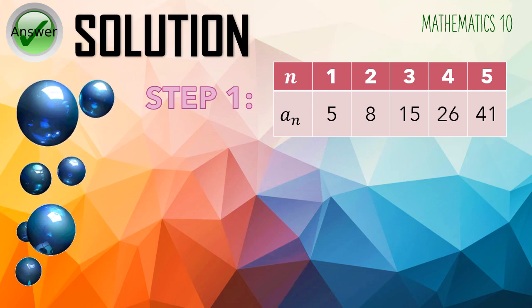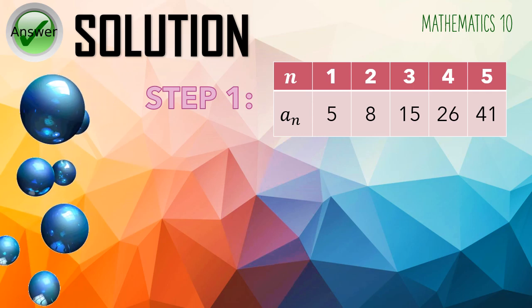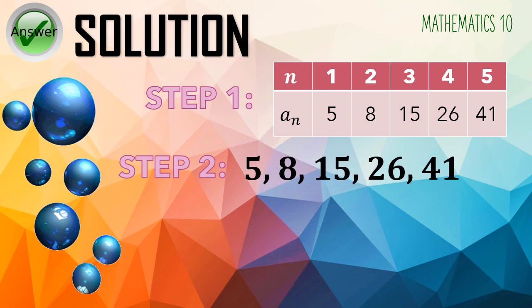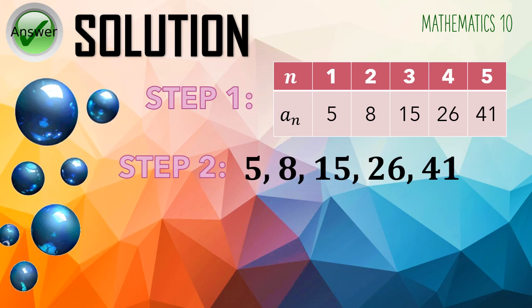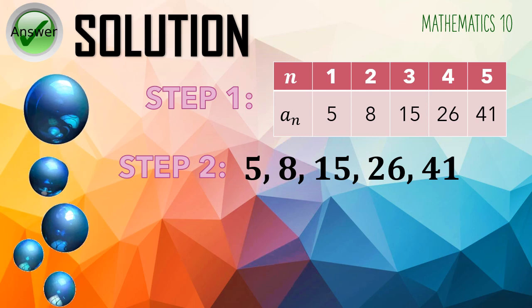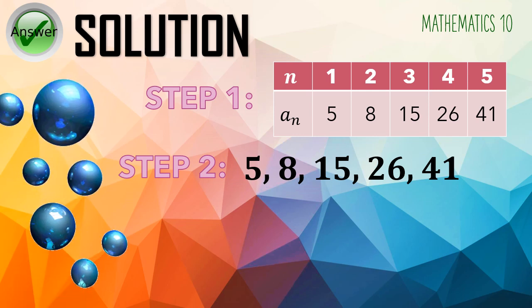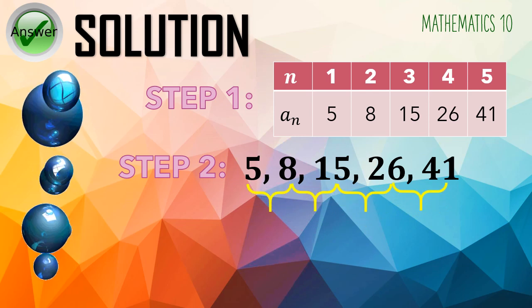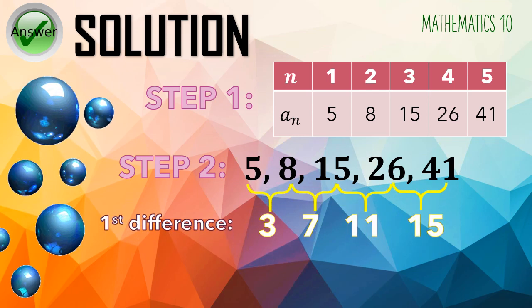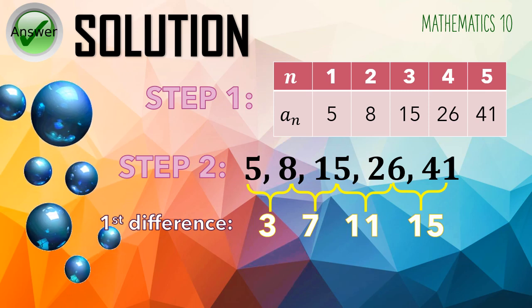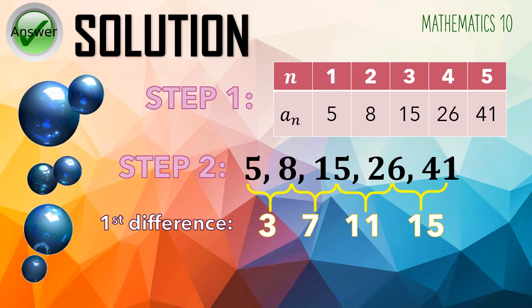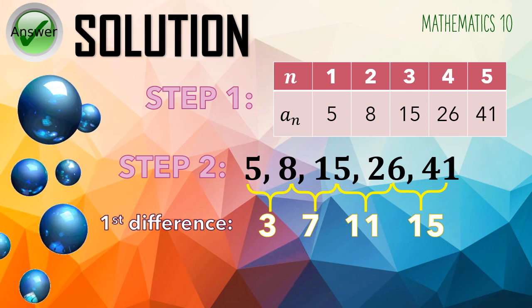We have our table already, and for step 2, we need to check if it is a quadratic sequence as well, by looking at the second difference, if it is constant. The first difference is 3, 7, 11, 15. The first difference is not the same, therefore we cannot stop there; we check the second difference.